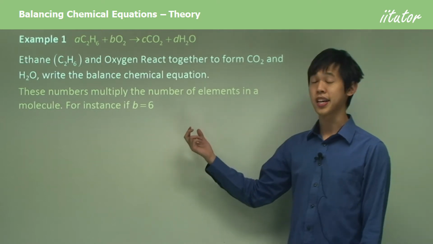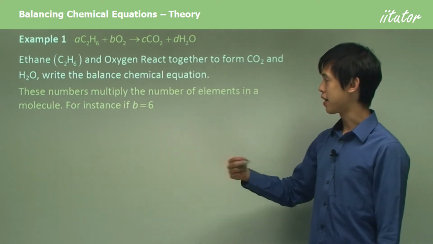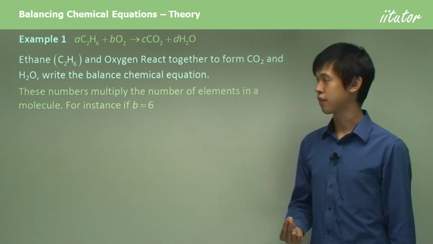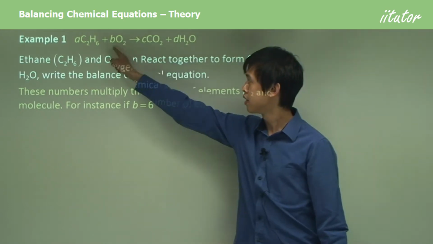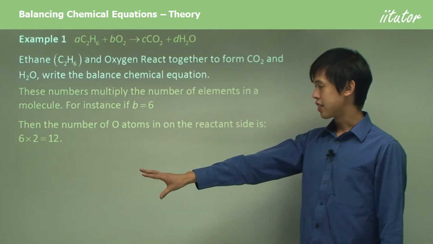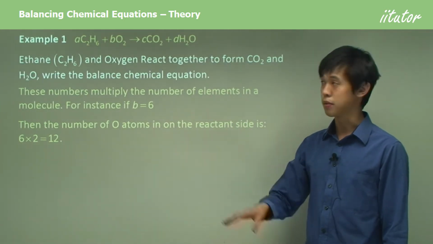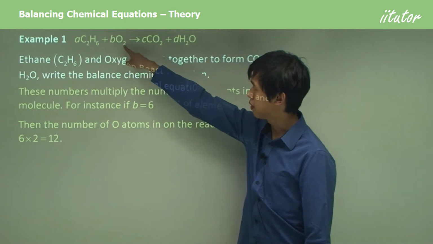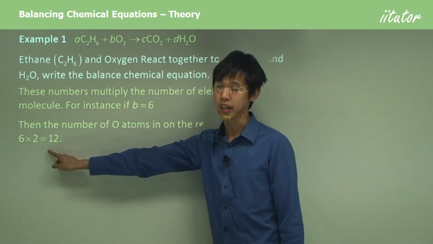These numbers A, B, C, and D multiply by the number of elements in a molecule. For instance, if B is 6, then the number of oxygen atoms on the reactant side is 6 times 2, which gives you 12, okay?